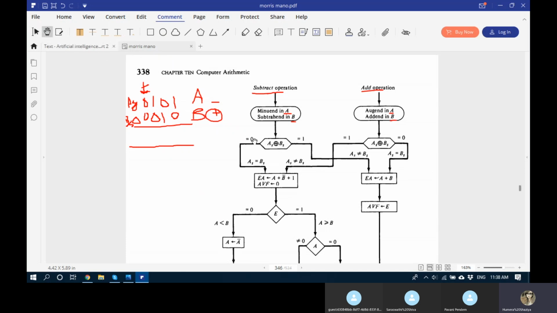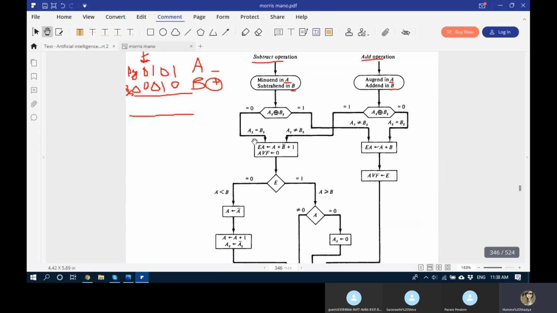So next what happens is, you have to compare. What you have to compare? This AS and BS. When both are same. In addition, when both are identical, what operation you perform? You perform addition operation. When both are same, because here you are performing XOR operation between these two. What is the result in XOR operation?